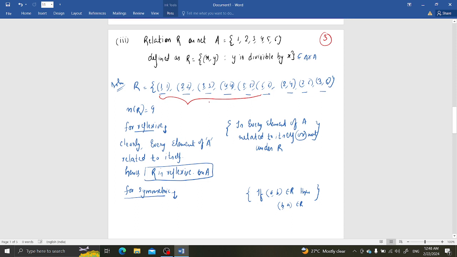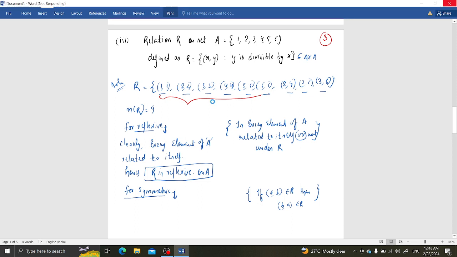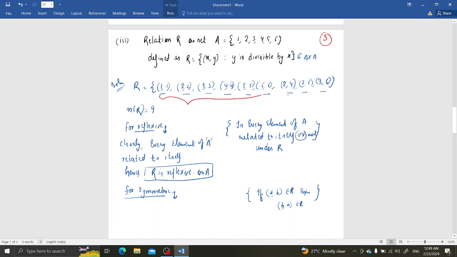But only because of these we can't say that it will satisfy the symmetric property. We need to check here also 2 comma 4, 2 comma 6 and 3 comma 6. But observe here 2 comma 4 is there, but 4 comma 2 is not there.